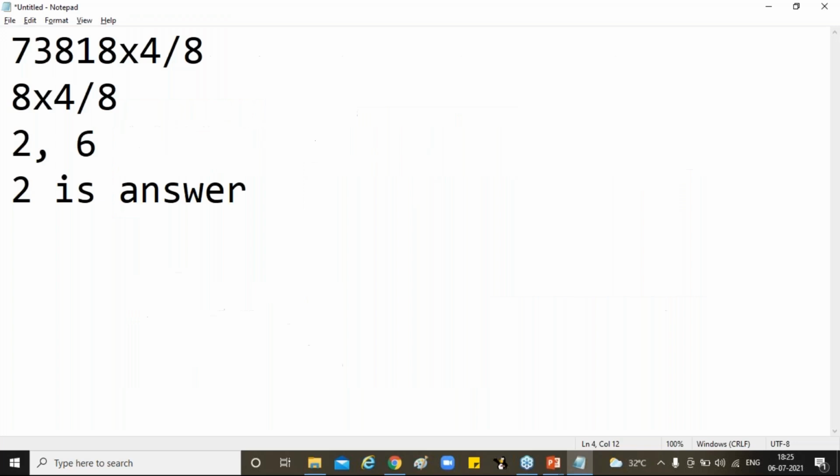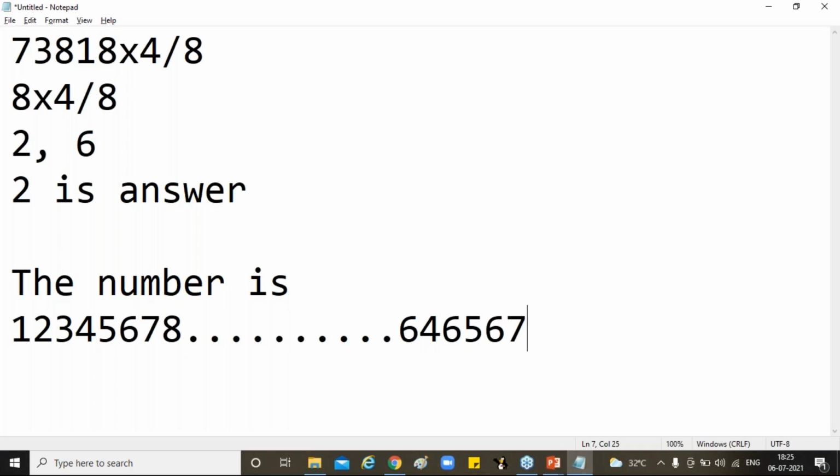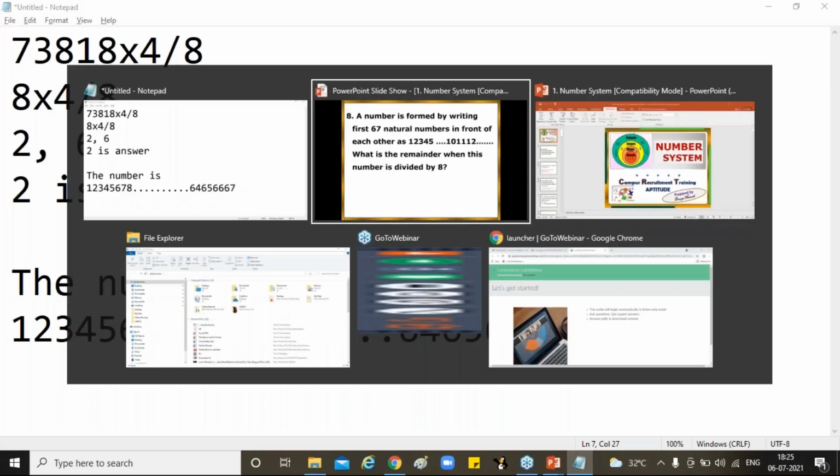Very clear. So the number is 1, 2, don't put a comma because that is one number only. 1, 2, 3, 4, 5, 6, 7, 8, and so on, 64, 65, 66, and 67. That is the number. We don't know how many digits are in that particular number, but that is only one number formed by writing all the natural numbers from 1 to 67.